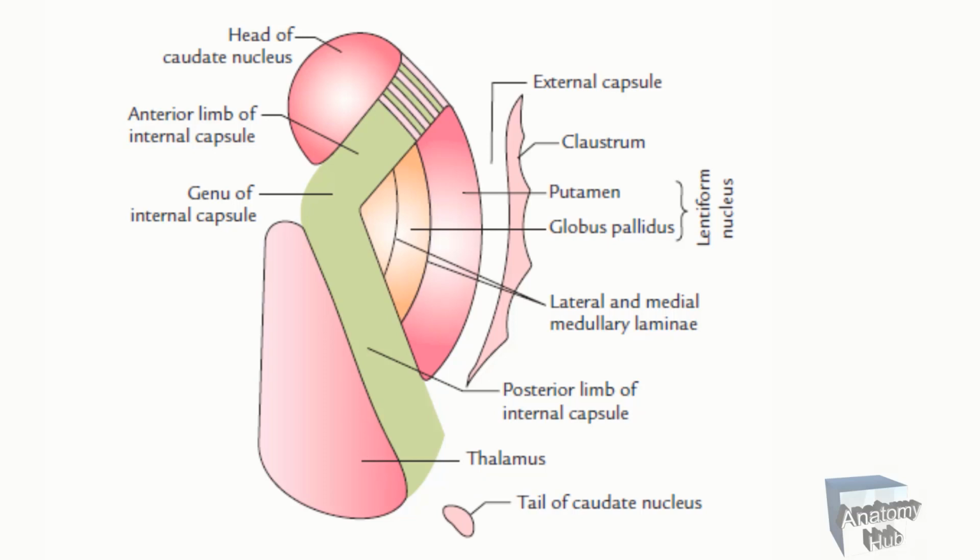Parts. A vertical plate of white matter, external medullary lamina, divides the lentiform nucleus into 2 parts, the putamen and the globus pallidus. These are clearly seen on a cut section. The putamen is larger lateral part and consists of densely packed small cells.